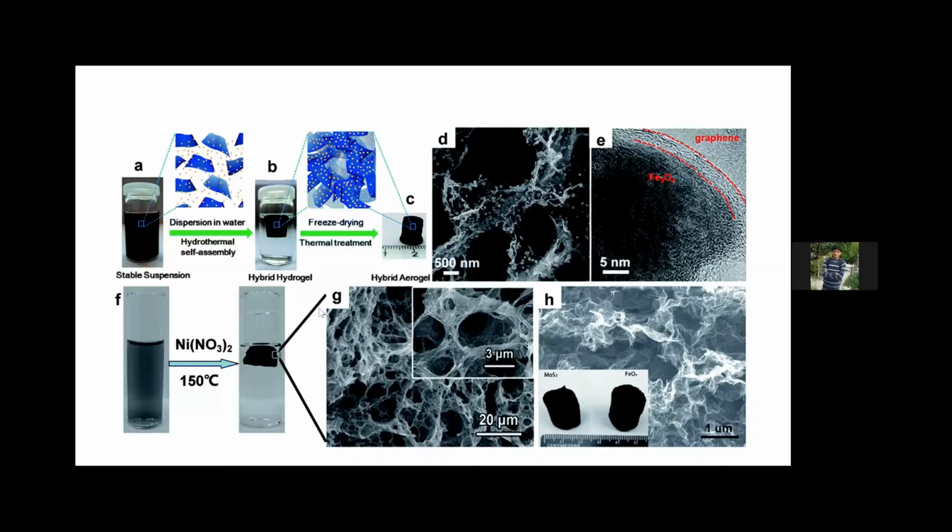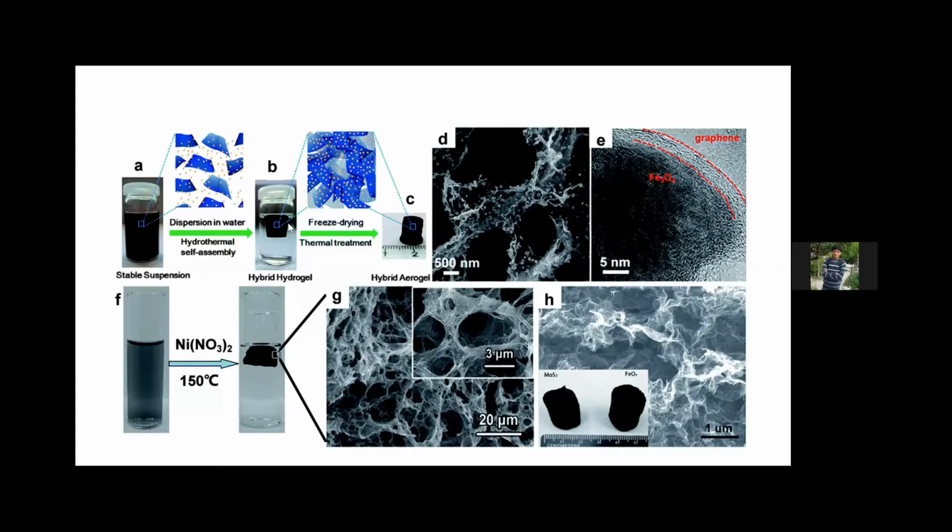Here is one example where they use a graphene oxide suspension, and in a hydrothermal reaction they get graphene foam. We can see here it is not water soluble.